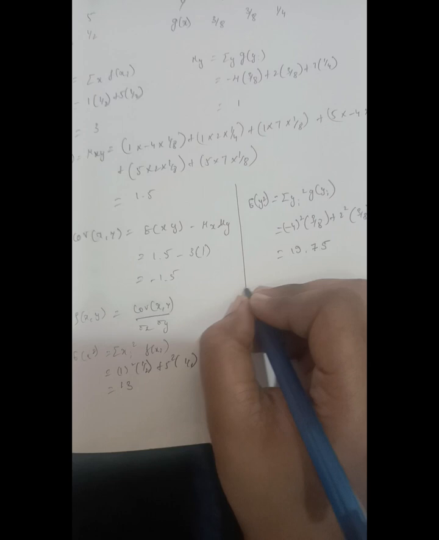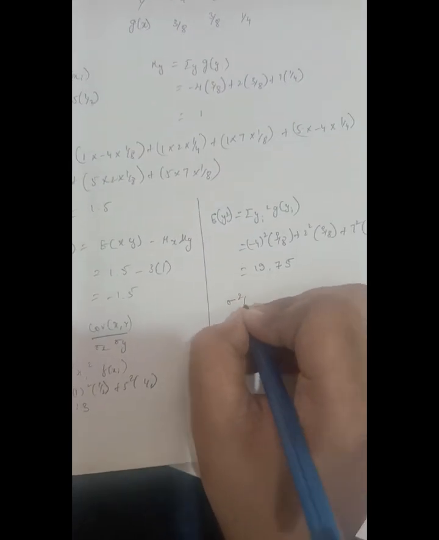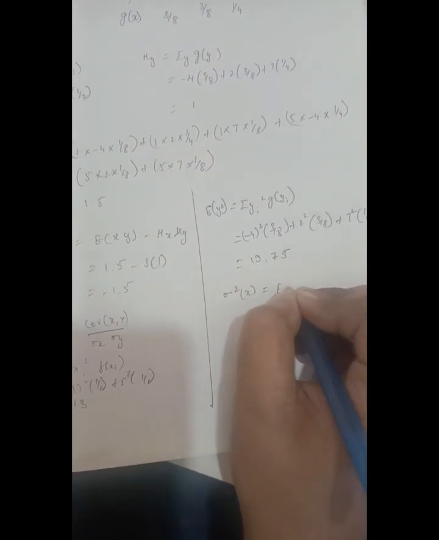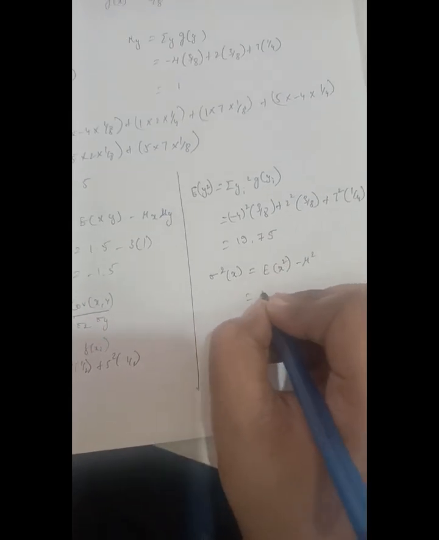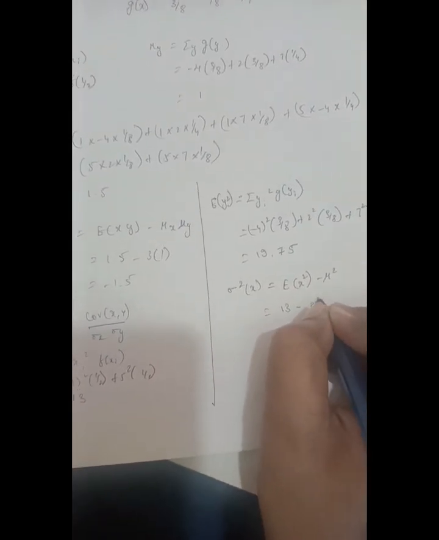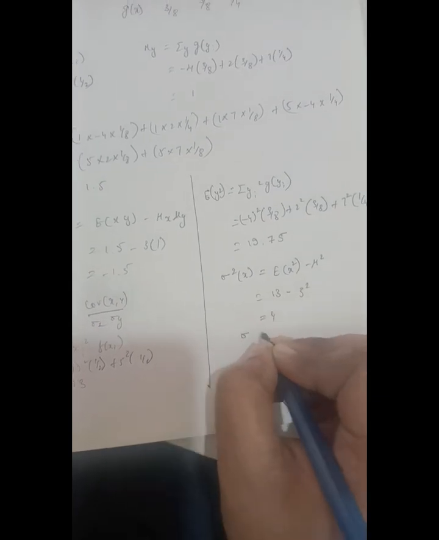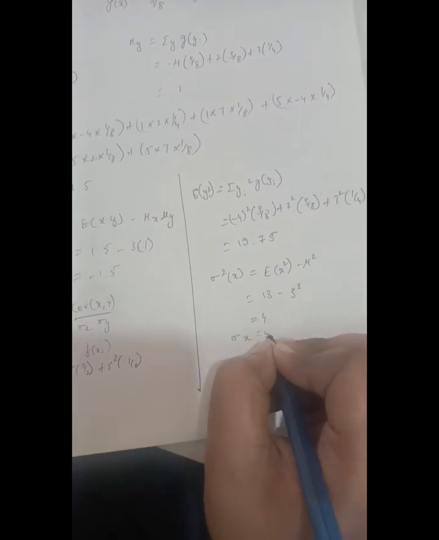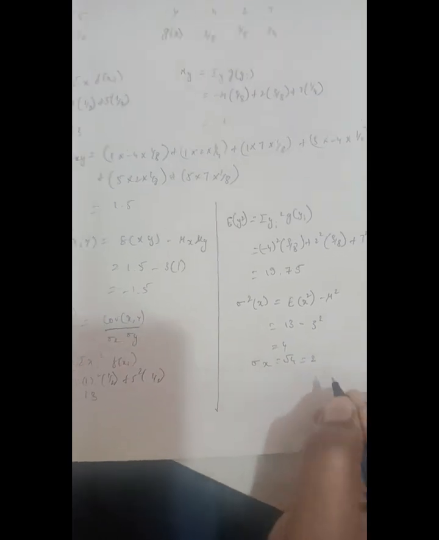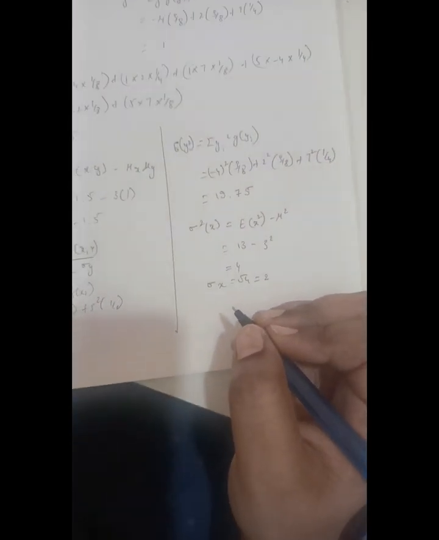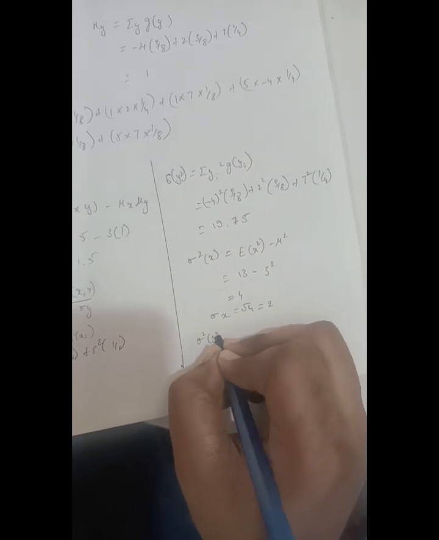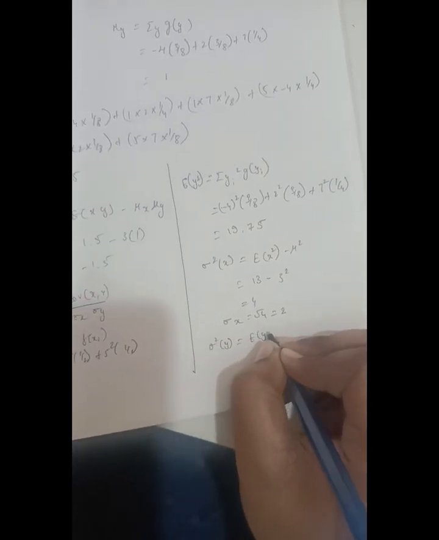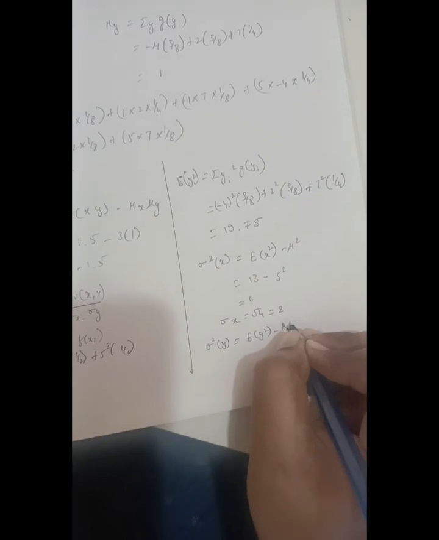19.75. Next, sigma square of x equals E of x square minus mu x square, meaning 13 minus 3 square, which is 4. Sigma x equals the square root of 4, which is 2. Next, sigma square of y is E of y square minus mu y square.